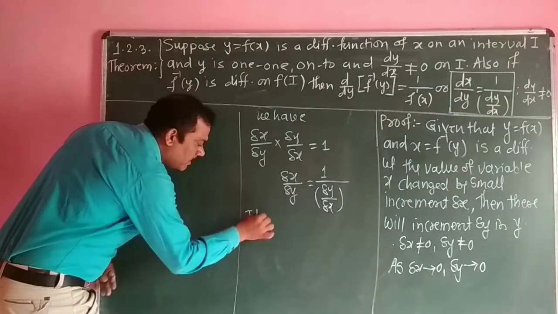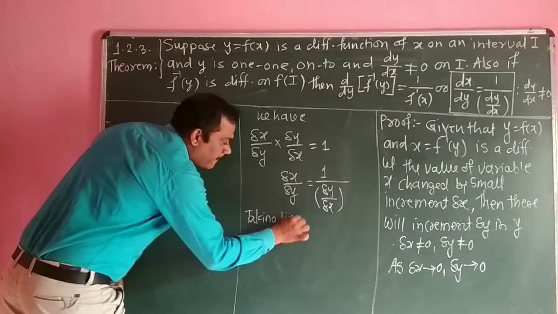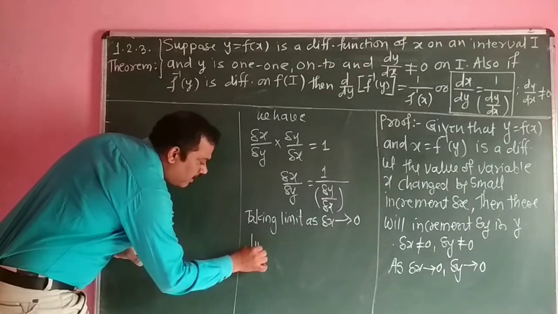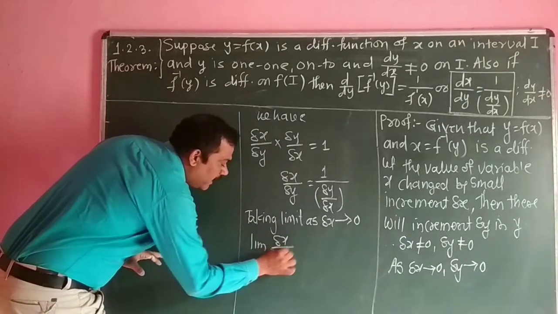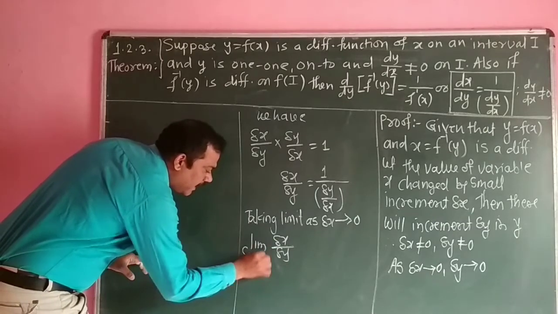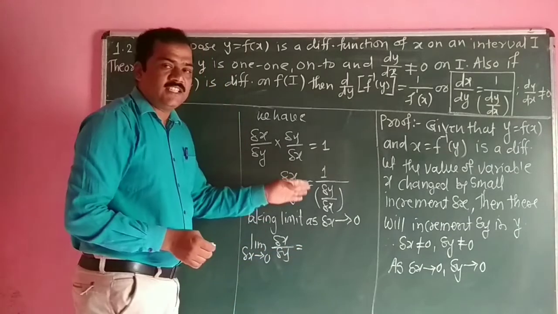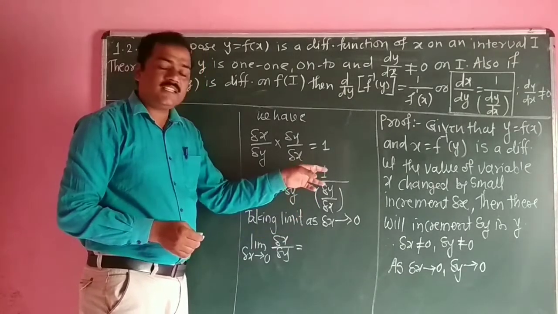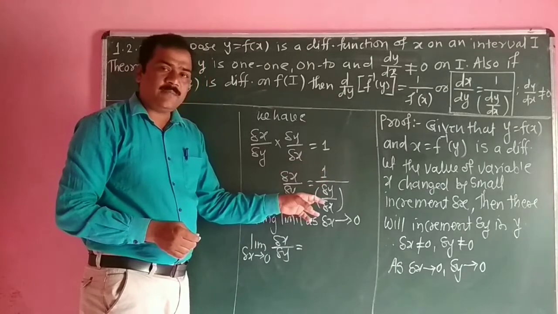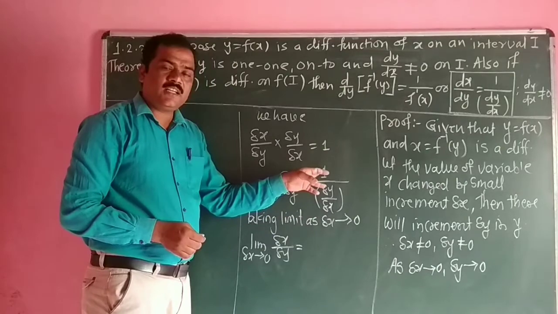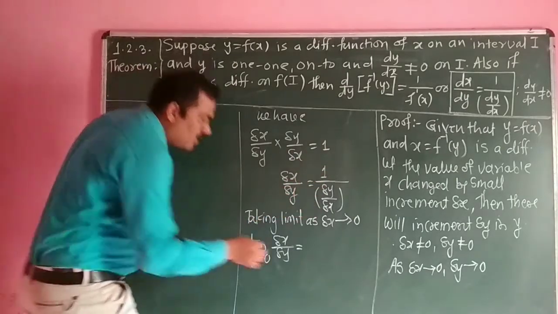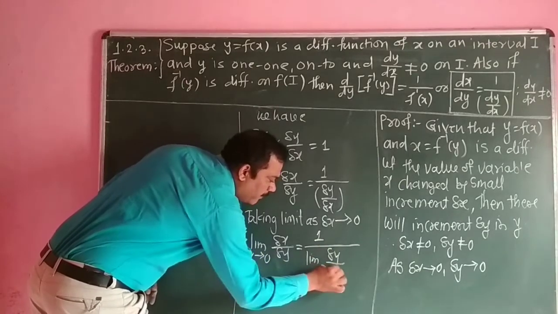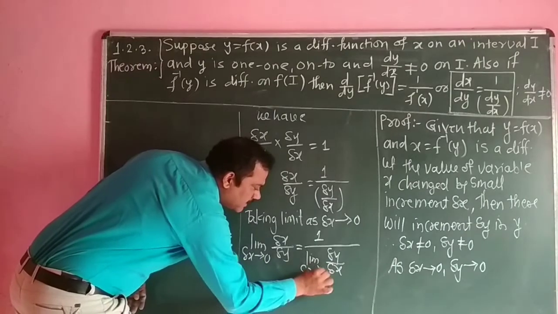What do we get? The limit of delta x divided by delta y as delta x tends to 0 is equal to, by using the algebra of limits, since this is a quotient of two functions, the separate limit of the numerator divided by the separate limit of the denominator. But in the numerator there is a constant, and the limit of a constant function is the constant, so we can write 1 upon the limit of delta y upon delta x as delta x tends to 0.